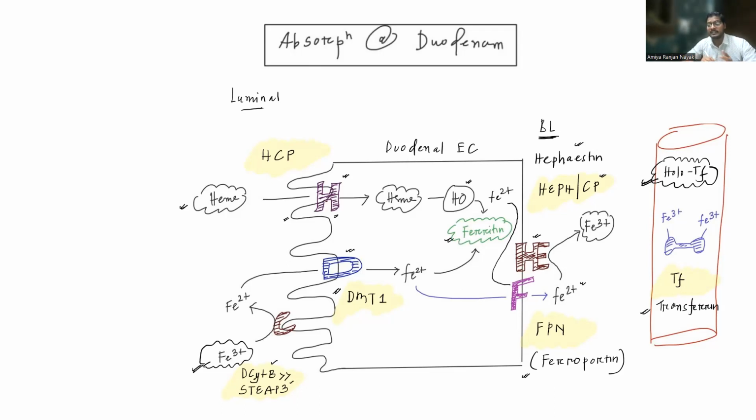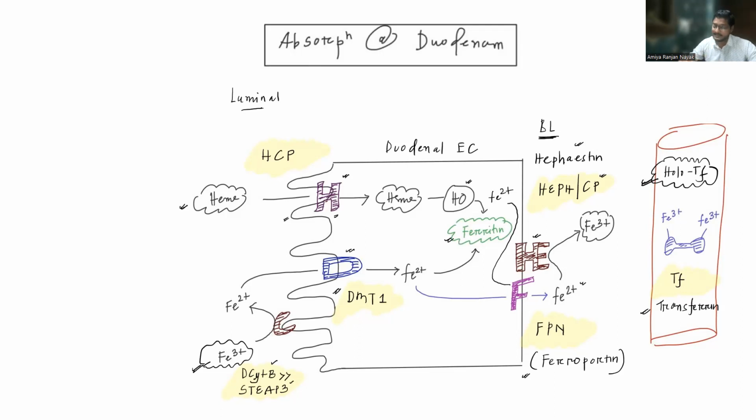After it gets out of the cell, this ferrous form of iron has to be converted to ferric form. Because ferrous form is toxic, it has to be converted to ferric form so that it can be transported in the circulation. This conversion happens because of the peroxidase activity of two important proteins: hephaestin and ceruloplasmin. In the duodenal epithelial cells, it is hephaestin that is present predominantly.